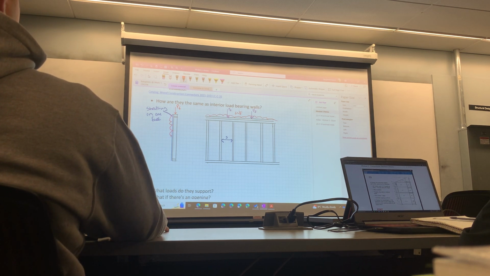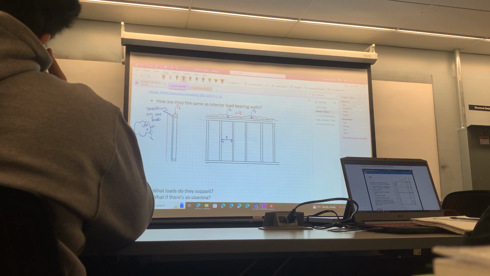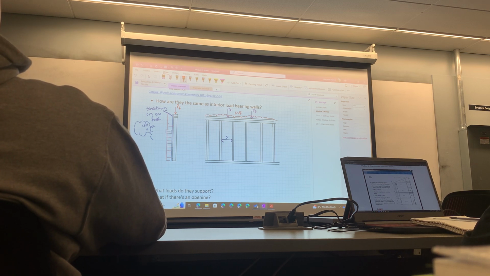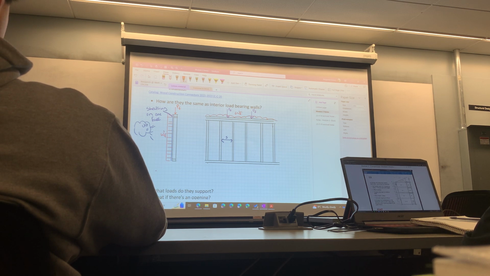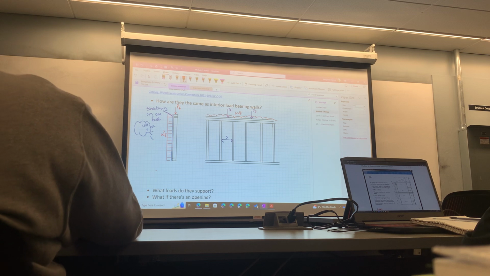And then we got this concept, we got this cloud here. That's what's changing. We got wind. So now we're going to look at what happens when you got wind.